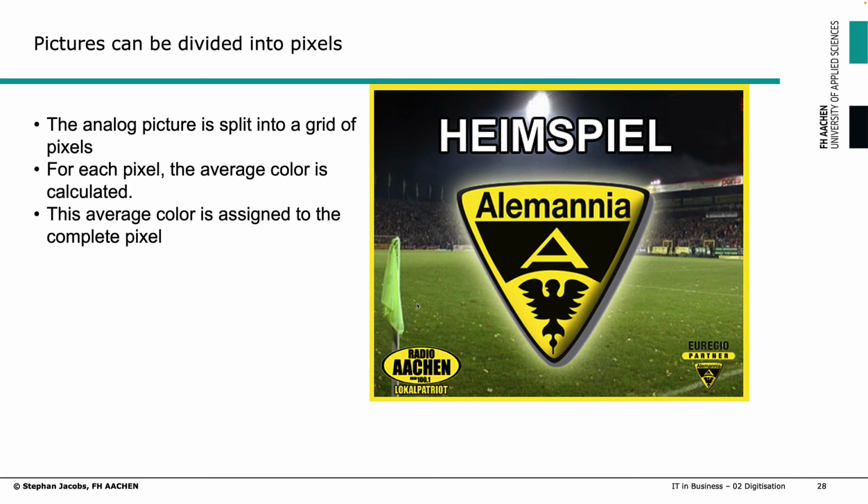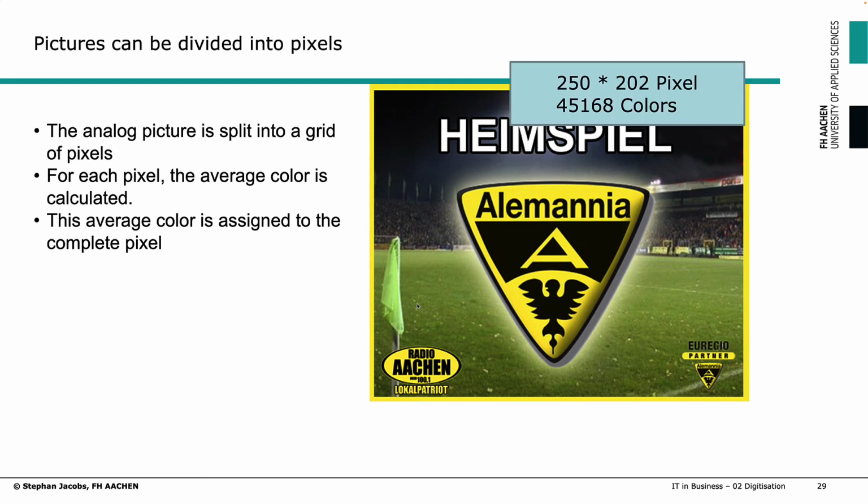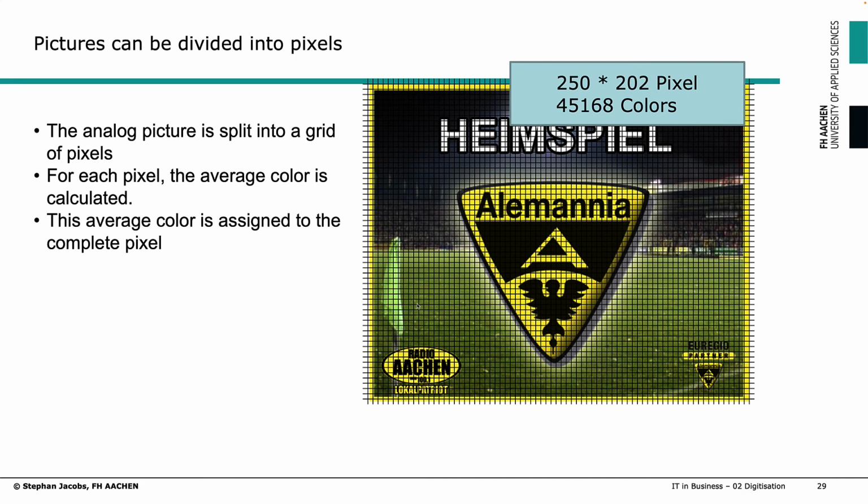The first thing we have to do is create a grid to define the pixels. In the original we have 250 times 202 pixels, which use 45,000 different colors.